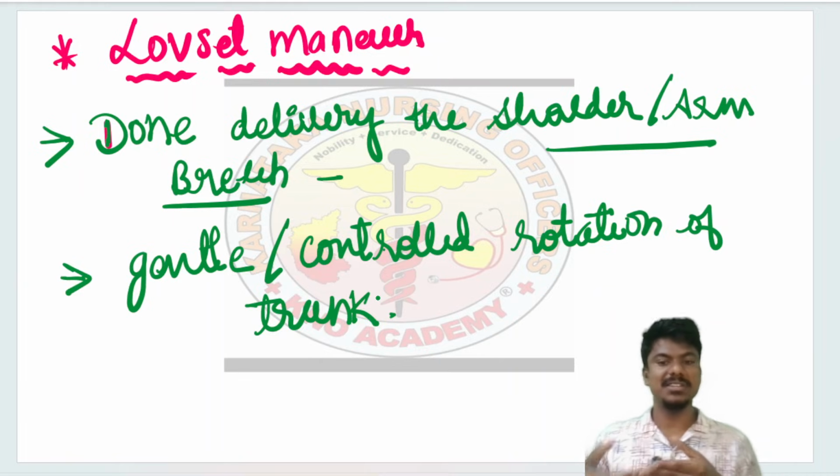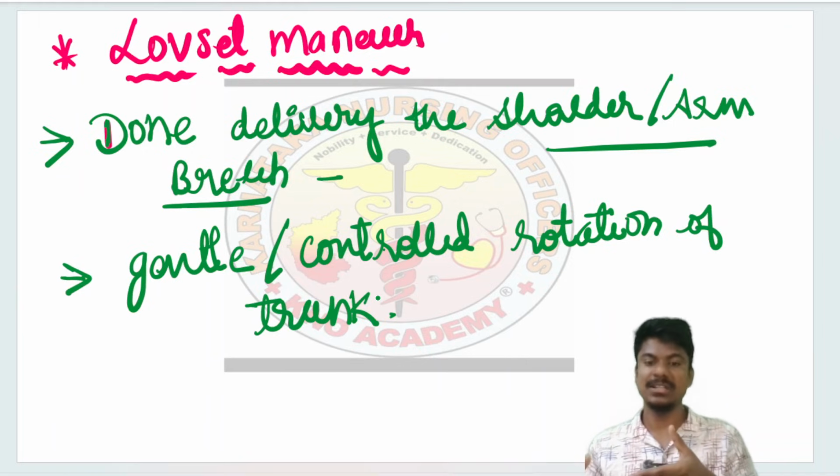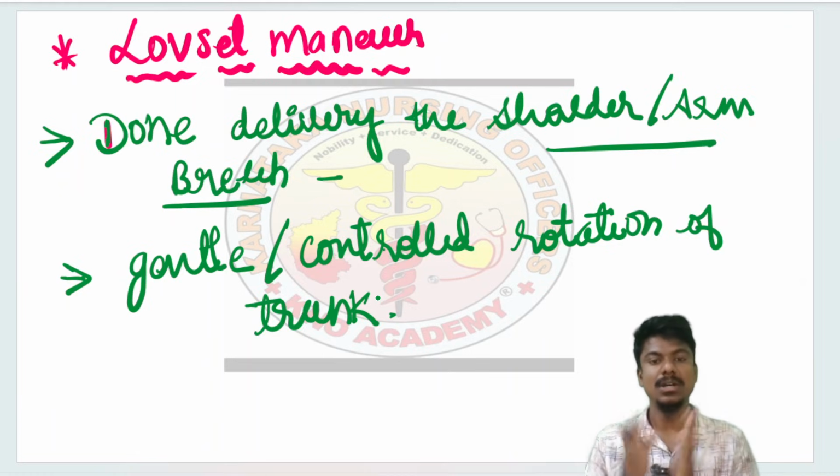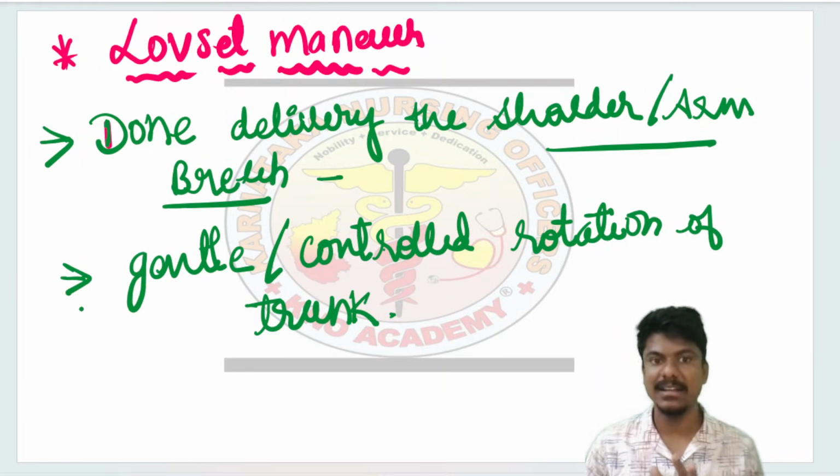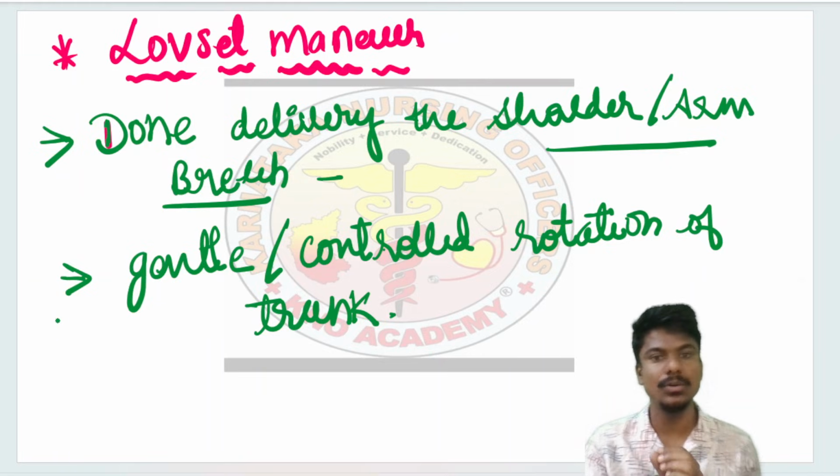One arm will come out, then the second arm will come out. So in case of obstructed, difficult shoulder or arm delivery in a breech presentation, they will do a Løvset maneuver.